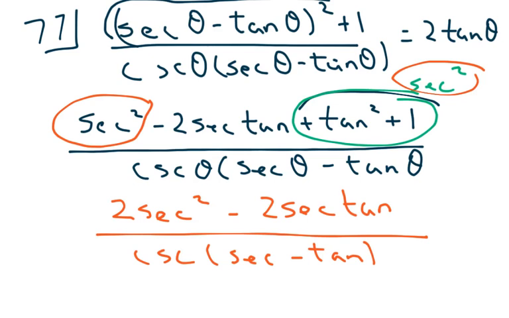Okay. Now, on the next slide, I'm going to factor out a 2 secant. So keep this in mind. I'm going to use the greatest common factor, or the highest common factor, and factor out 2 secant.